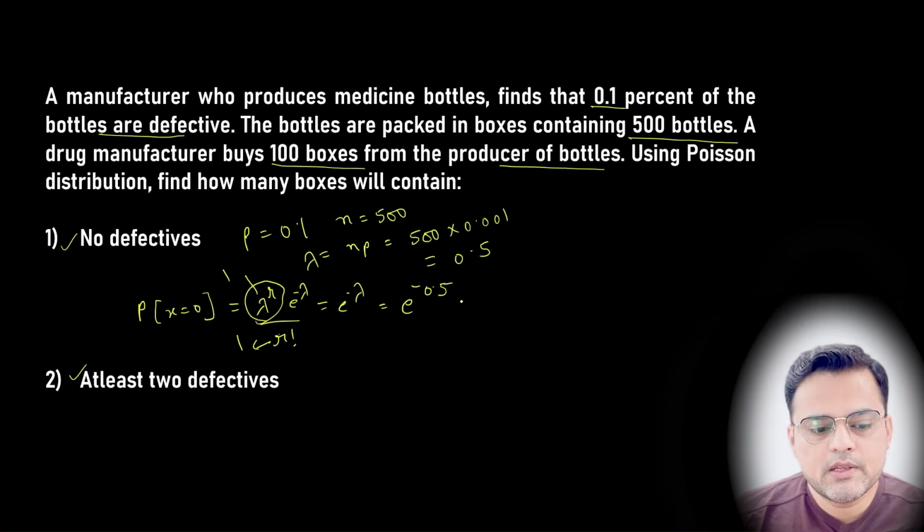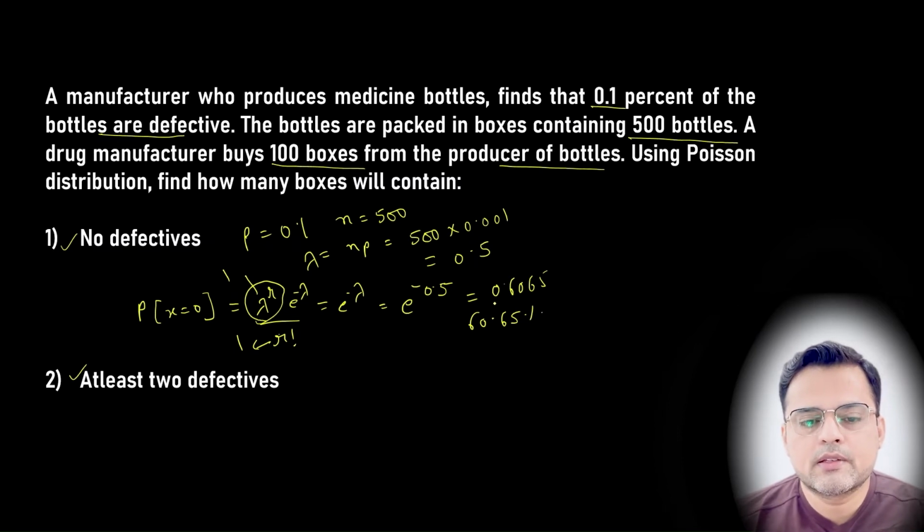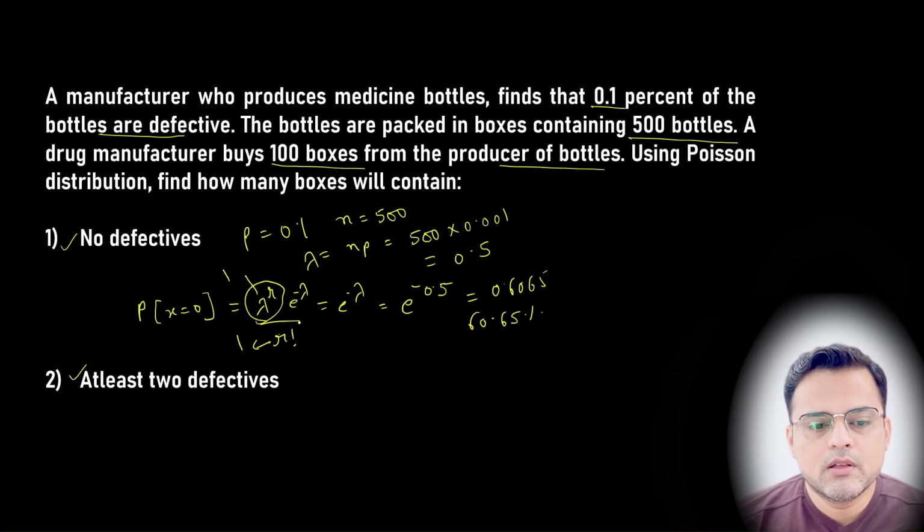So this is the exponential. If you see the exponential value of minus 0.5, it will be 0.6065. So there is a 60.65% probability that if a drug manufacturer buys 100 boxes from the producer of bottles, there will be no defectives.